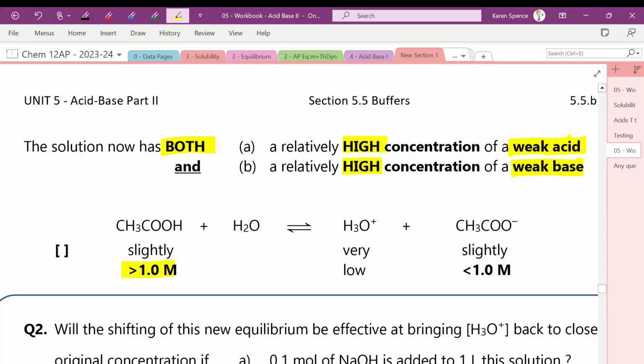So here is the summary. We have a high concentration of the acid, we have a high concentration of the base, and we have a very low concentration of H3O+.